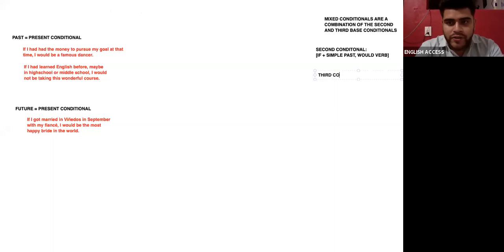The third conditional is if plus past perfect, comma, past modal. And what is the past modal? Modal, have, and the past participle.